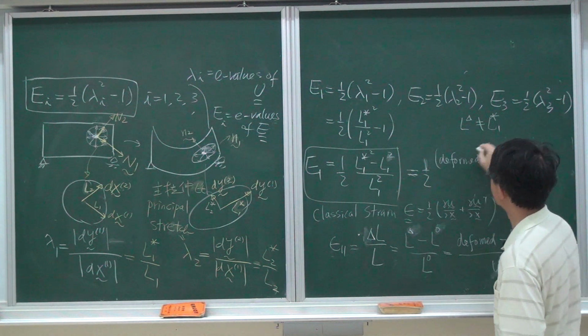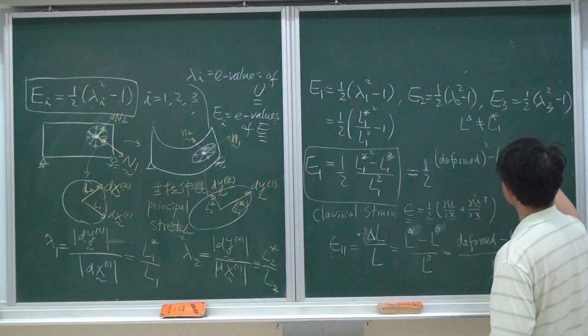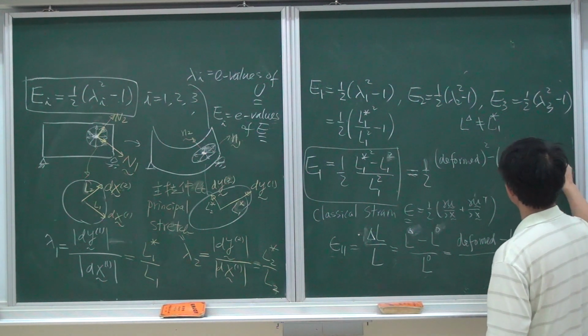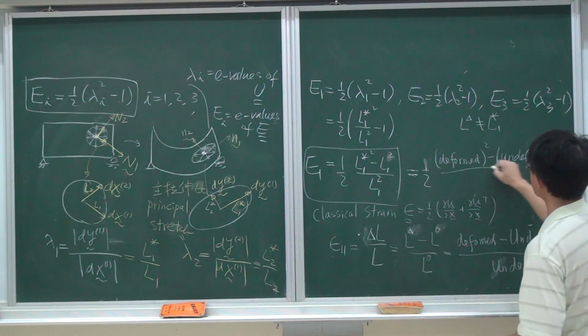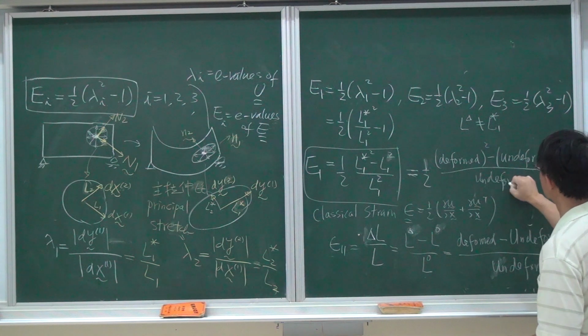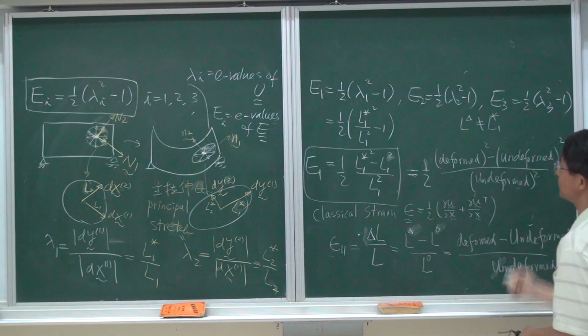Deformed length squared minus undeformed length squared.